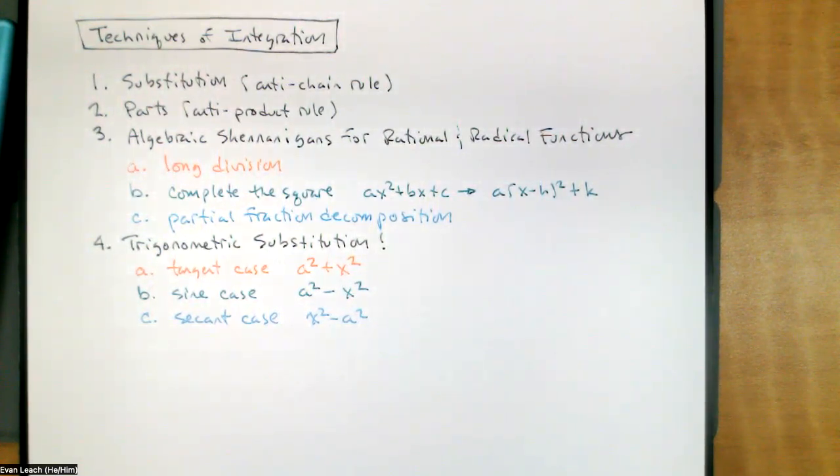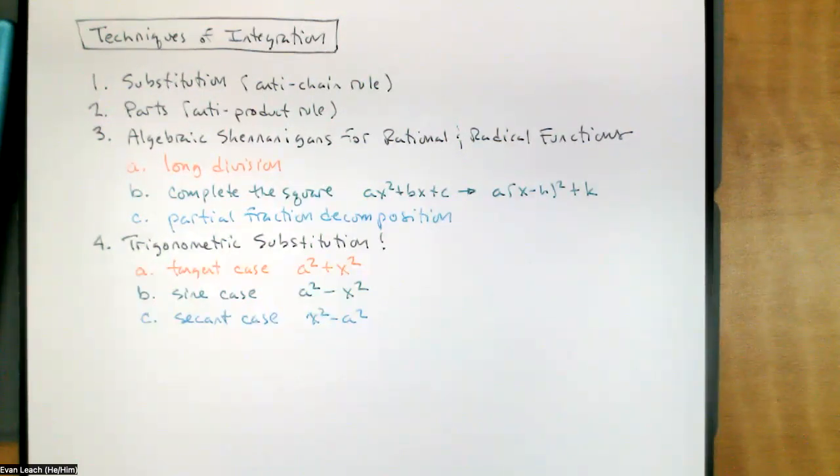So in trigonometric substitution, we're going to learn these three different cases of trigonometric substitution. The technique always works the same, but we want to see that it breaks into three cases. And this is all still very much related to this rational radical function business. Notice the three cases that we're dealing with are the tangent case, the sine case, and the secant case.